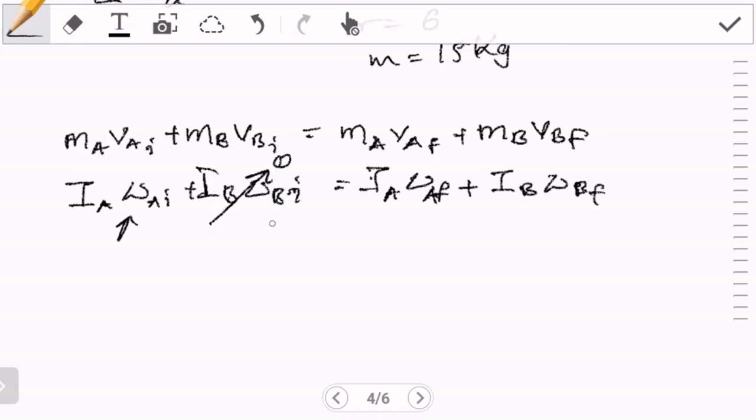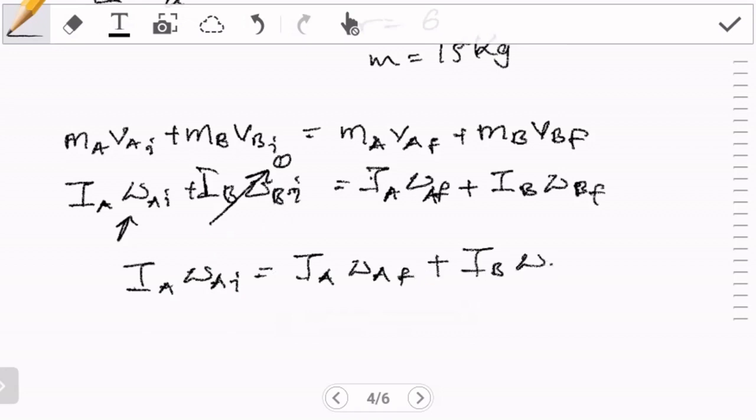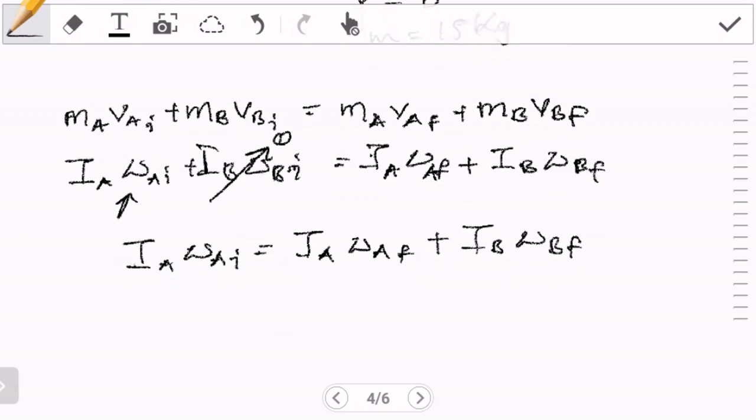So the left-hand side just remains as the moment of inertia of the merry-go-round times the angular velocity of the merry-go-round before. This is equal to the moment of inertia of the merry-go-round times its angular velocity after collision, plus the moment of inertia of the man times the angular velocity of the man after collision. Now, this is how our equation looks.